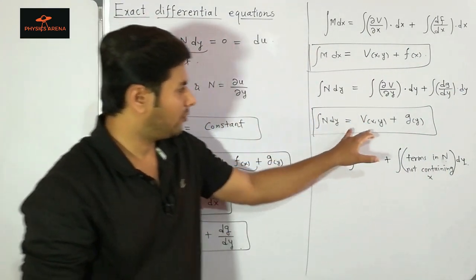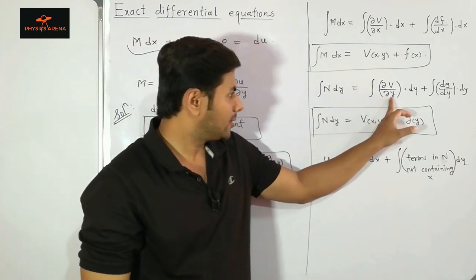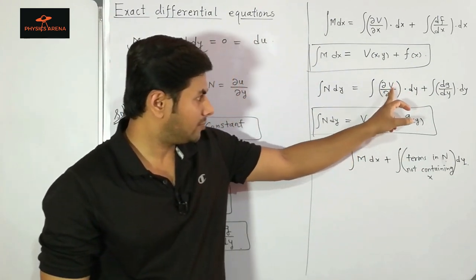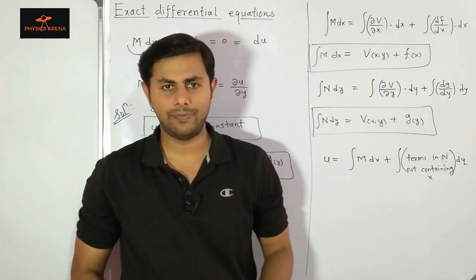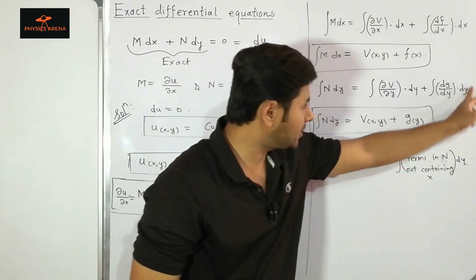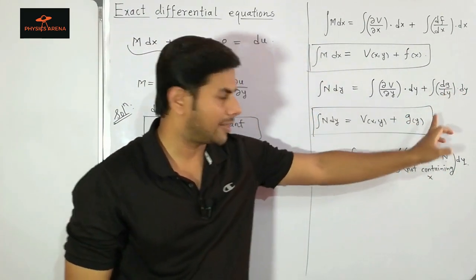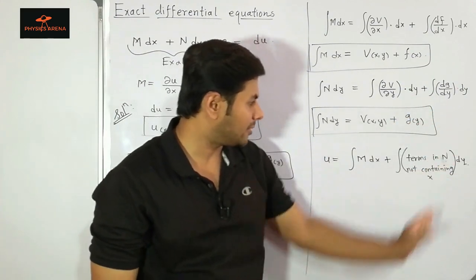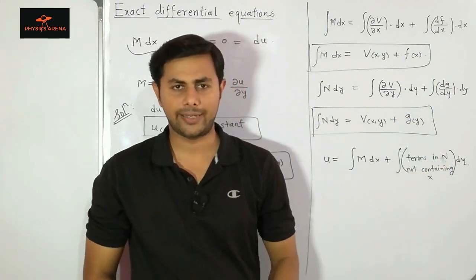Since v is a function of x and y, this term del v by del y may contain x, but this term, dg by dy, won't contain x.